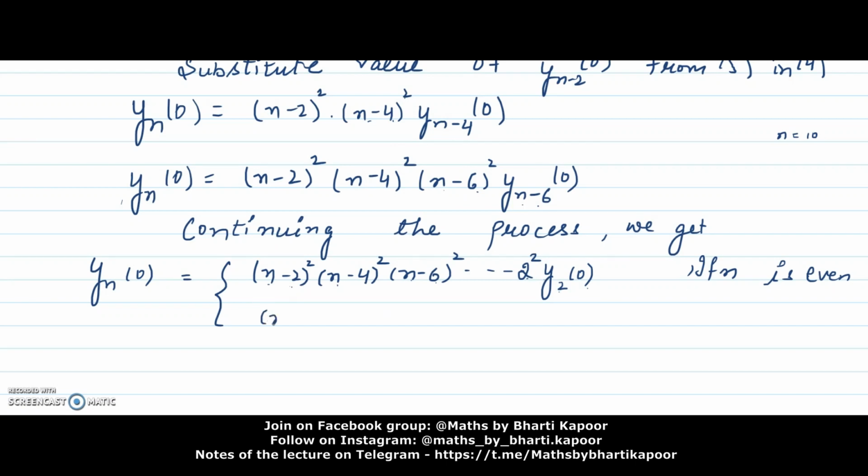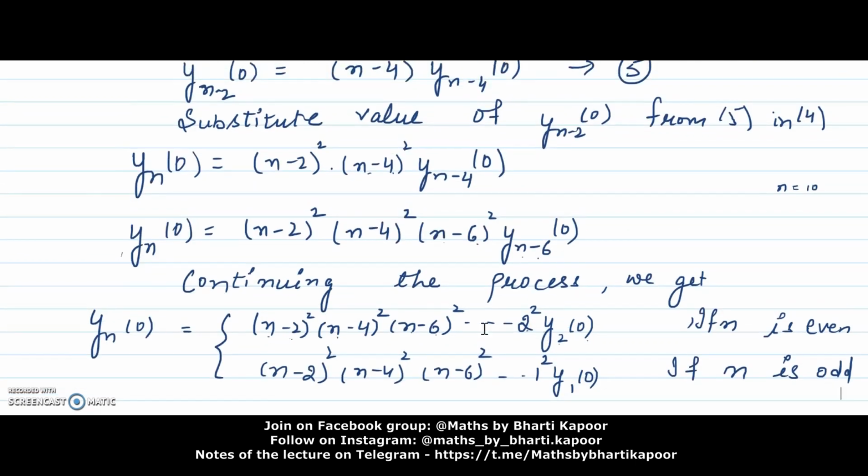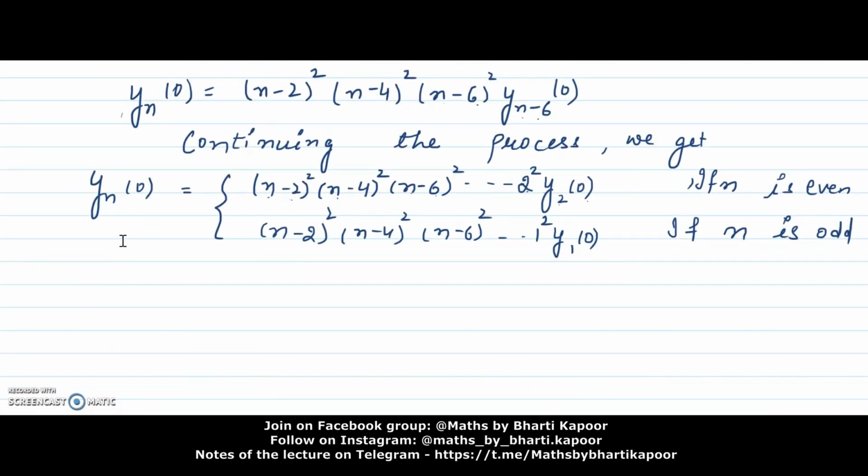When n is odd, then the last term will be 1 square and it will be y1 0 if n is odd. You can check this taking any even or odd value of n. So this is the value of yn at x is equal to 0 when n is even and when n is odd.